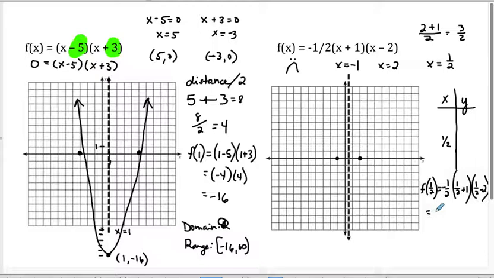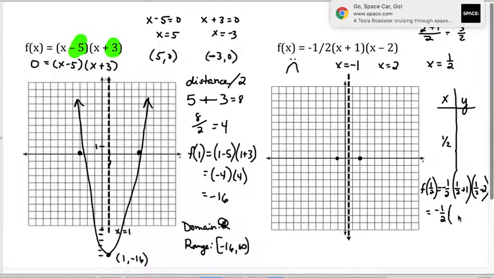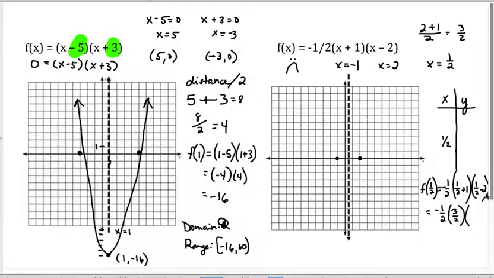So that's going to be equal to negative 1/2 times 3 halves times negative 3 halves. And so that's going to give me positive 9/8, okay, or 1 and a smidge when I draw the picture in here, okay?